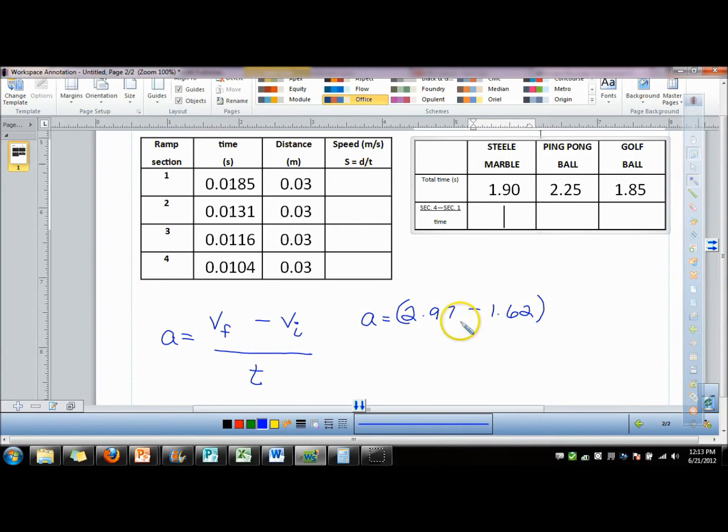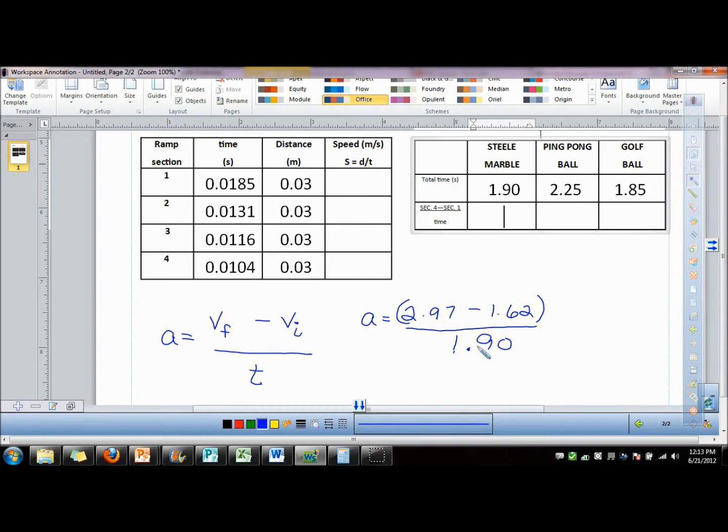I put the parentheses around this to remind you that you need to do the subtraction problem first before you do the division problem. The time for the steel marble to go the whole way down the ramp is 1.90.